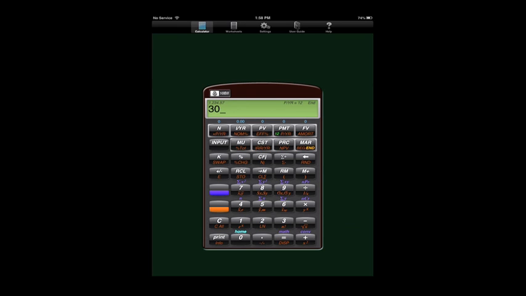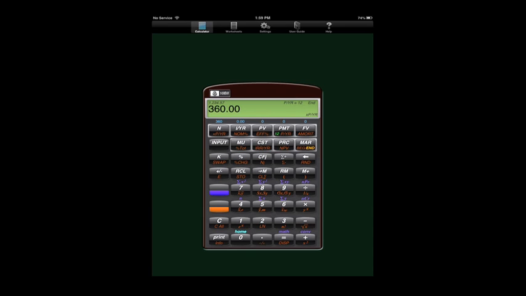Notice that the number of periods, the orange shift on it is times periods per year. So if I press Shift and times periods per year, notice that it has multiplied that 30 by 12, and I get 360, which is the number of months that I want. Now I actually could have just entered that straight. I could have put in 360 and simply tapped N, and I would have gotten the same result.